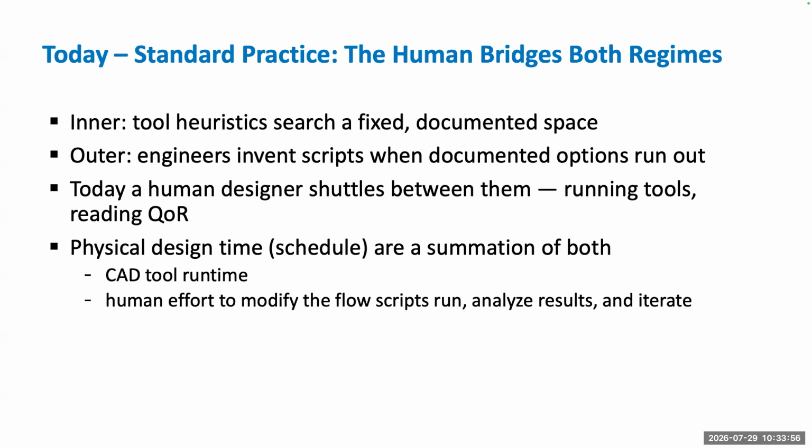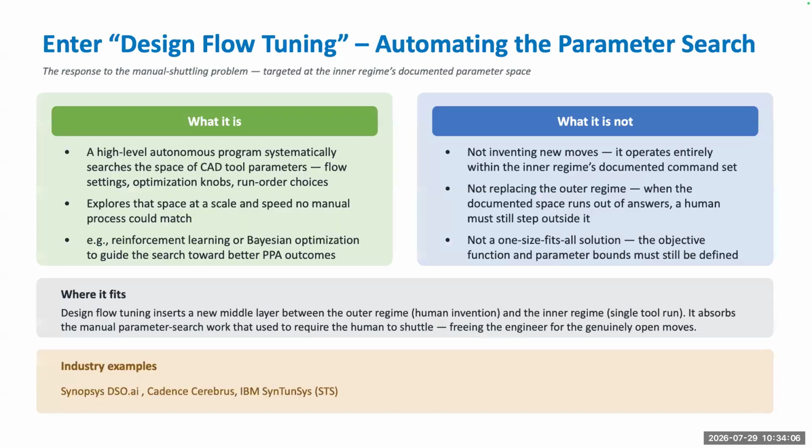And so the goal then is how do we improve both of those? So there are ways. Let's start with one way, which is also more of a standard. I'll say enter the design flow tuner as one current approach, which is used either explicitly or in a sort of open loop process.